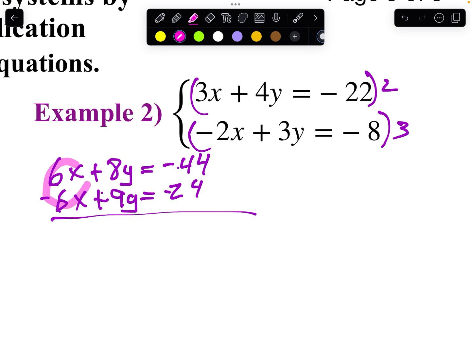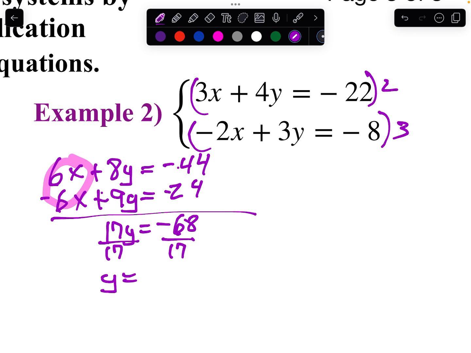Notice my 6x's, they cancel out. 6x minus 6x is 0. 8 plus 9, well, that's 17y equals negative 68. Divide both sides by 17. And y is going to be negative 4. Now let's substitute that into one of our equations. Let's do the first one. So 3x plus 4 times negative 4 equals negative 22.